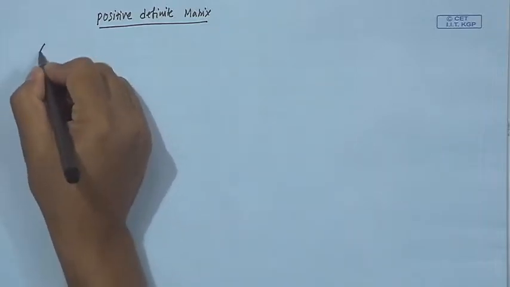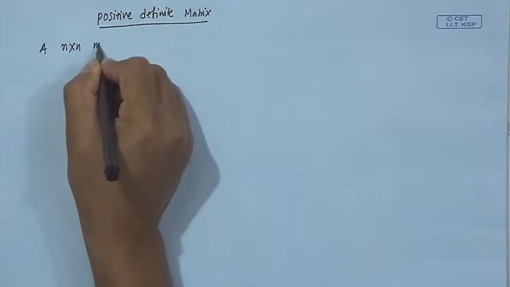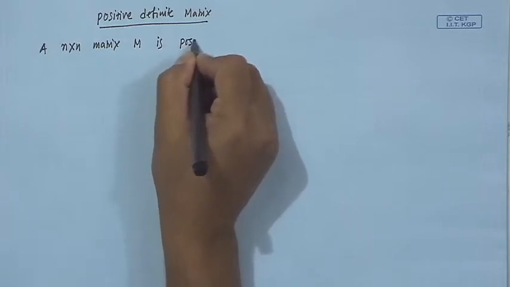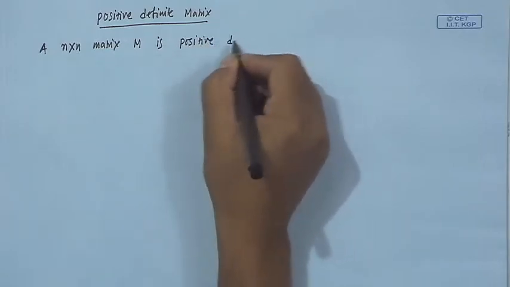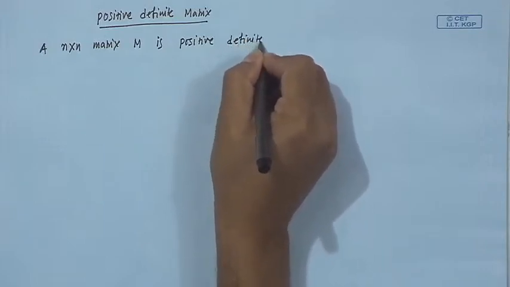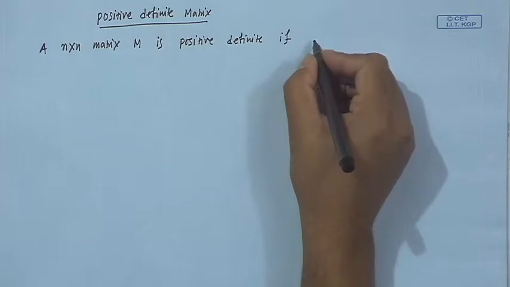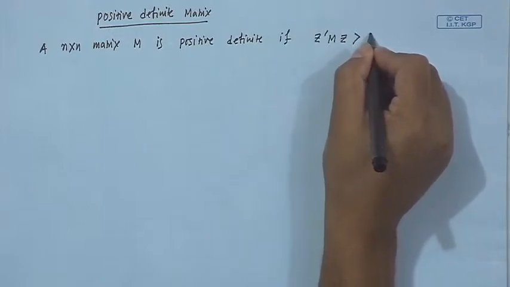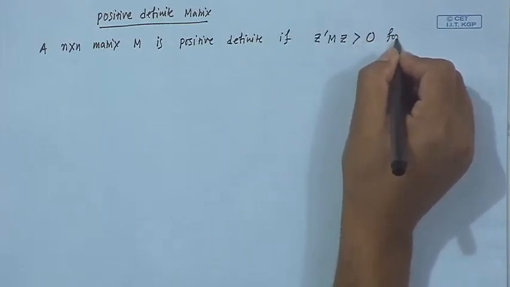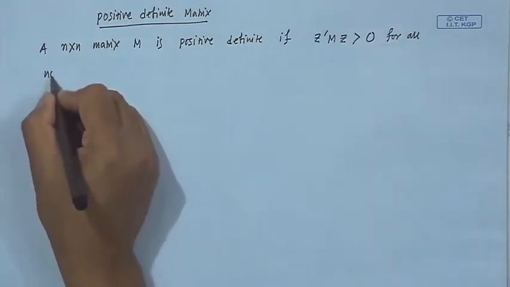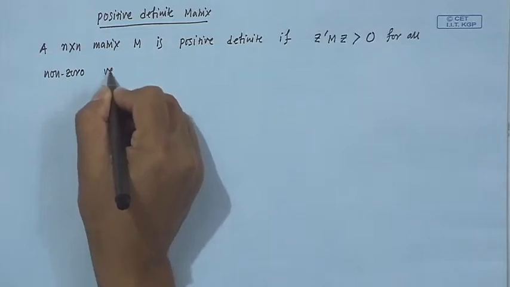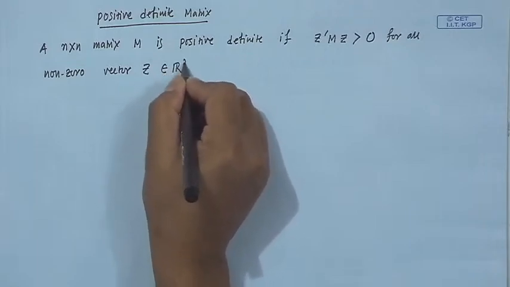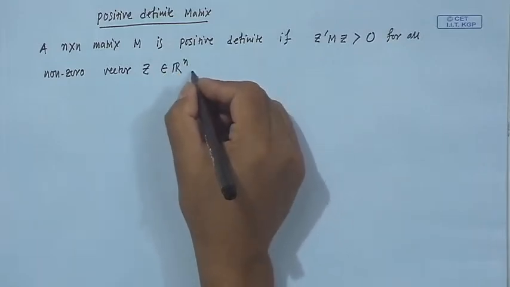So, an n cross n matrix M is positive definite if Z prime M Z is strictly greater than 0 for all non-zero vectors Z belonging to R to the power of n. Okay.